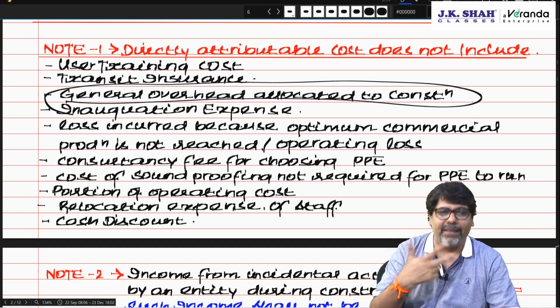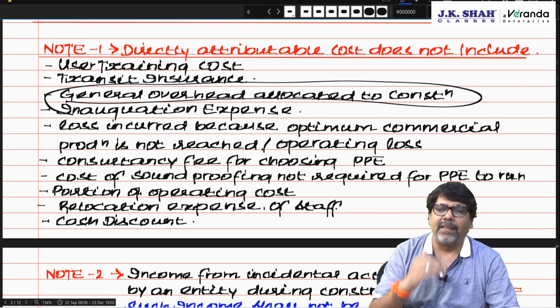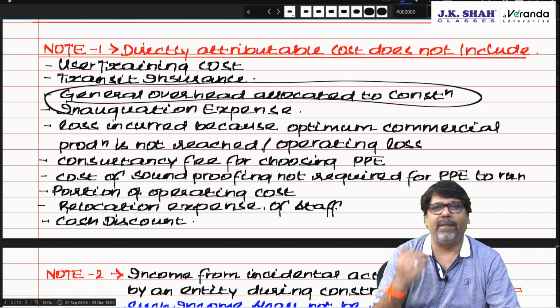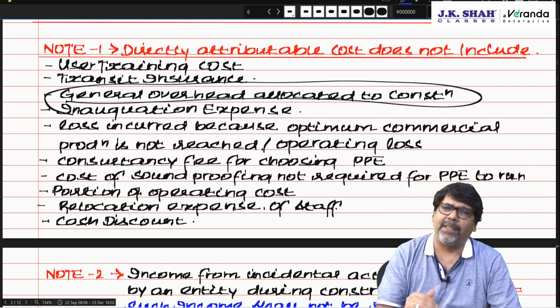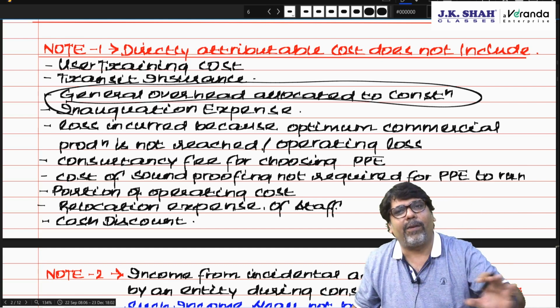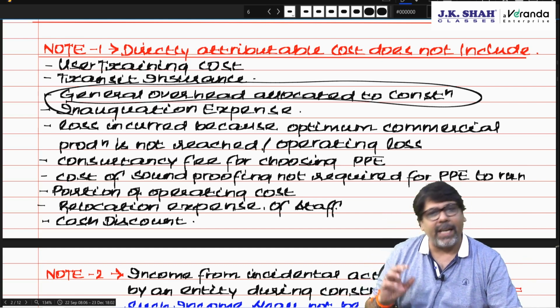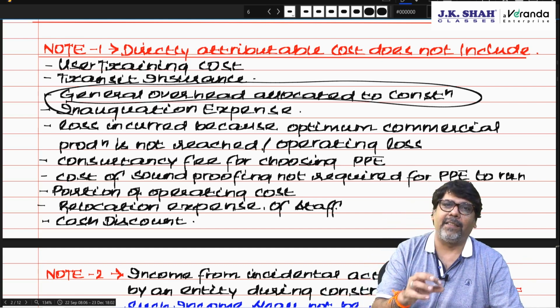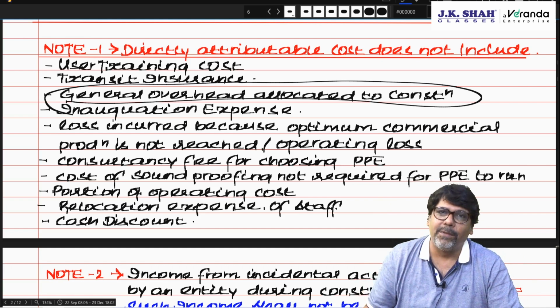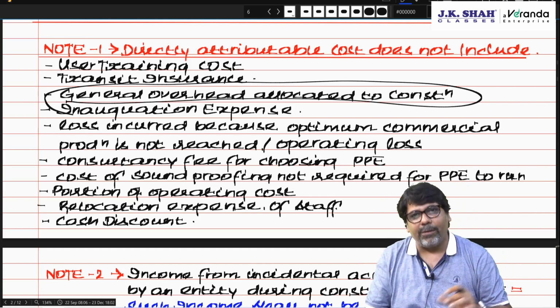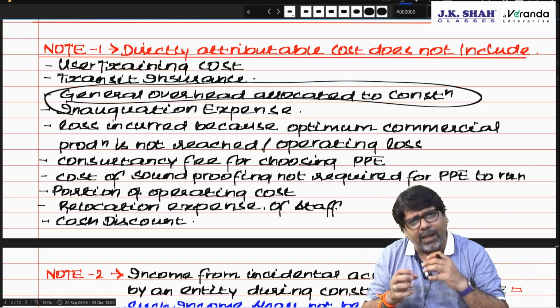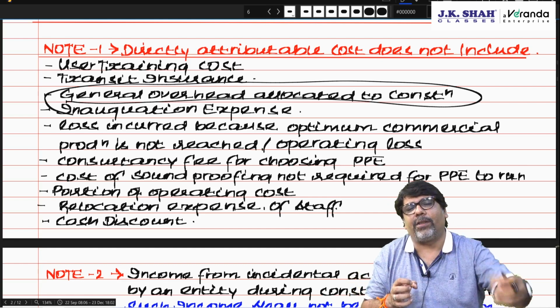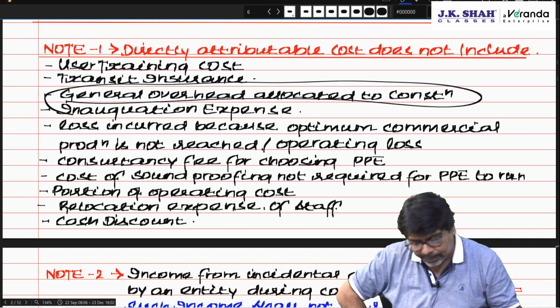There was discussion on how the asset would be constructed, with the suppliers, generally after office hours for 2 hours, and it went on for almost 10, 15, 20 days. So can I say 30 hours of electricity bill should be apportioned to the site? No. So general overhead which is incurred in the office, none of that should be apportioned to construction cost.